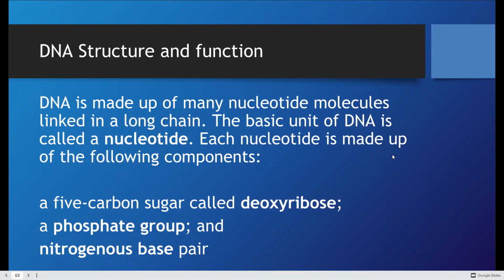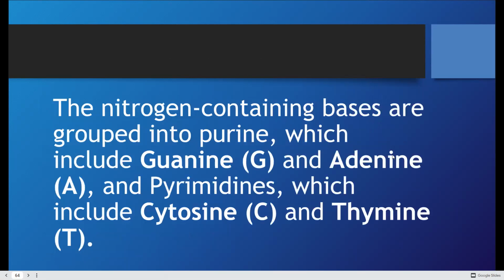The nitrogen-containing bases are grouped into purines, which include guanine and adenine, and pyrimidines, which are cytosine and thymine.